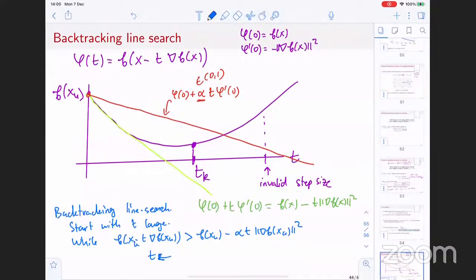You replace t by a certain number smaller than 1, say 0.7 times t, or any number, 0.6 or whatever. And you know that eventually you will get to a value of t that will satisfy the sufficient decrease criterion. It's called backtracking because you start with a large t and you keep backtracking the value of t until you reach this condition.